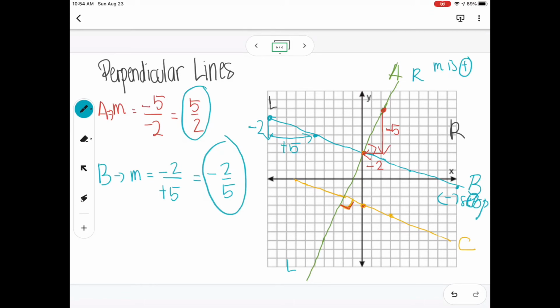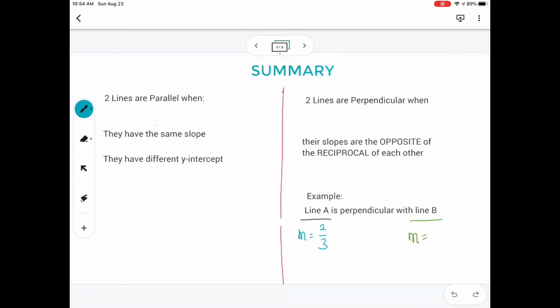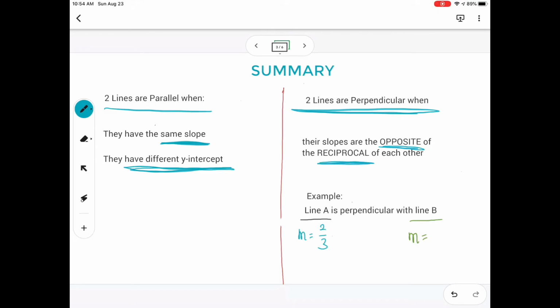of each other. Okay, I'm going to make a summary right now. And remember, the y-intercept can be the same or not the same. Two lines are parallel when they have the same slope, super important. And for sure, they will have different y-intercepts. Now, when two lines are perpendicular, their slopes will be the opposite and reciprocal of each other.